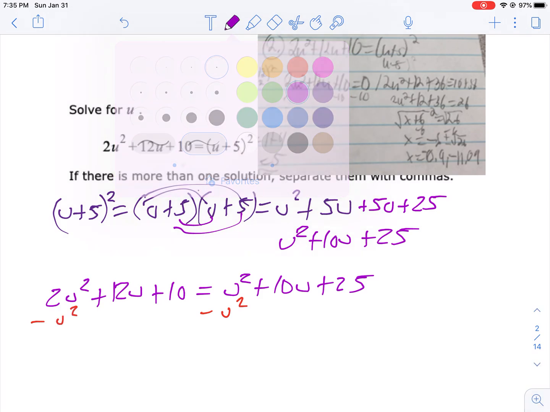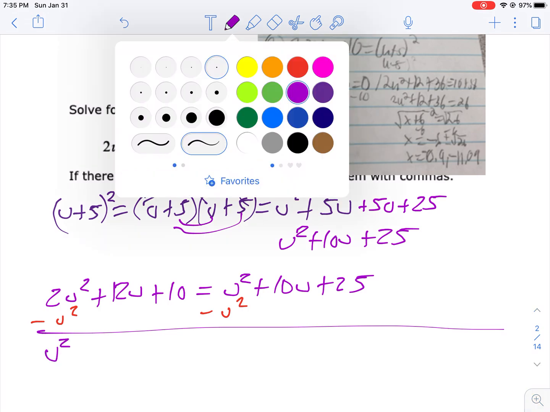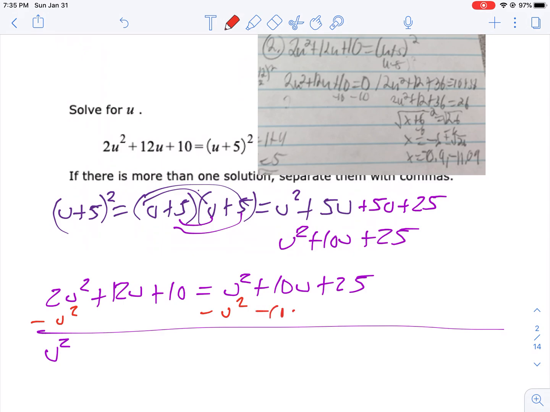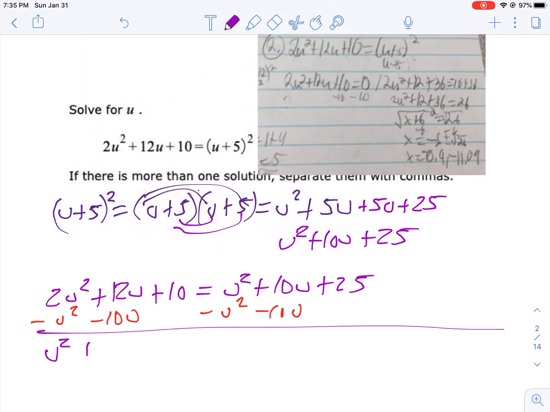Well, when you subtract u squared from both sides, you get u squared. Then we'll subtract 10u from both sides. So we get positive 2u. Finally, we'll subtract 25 from both sides. And we get minus 15.